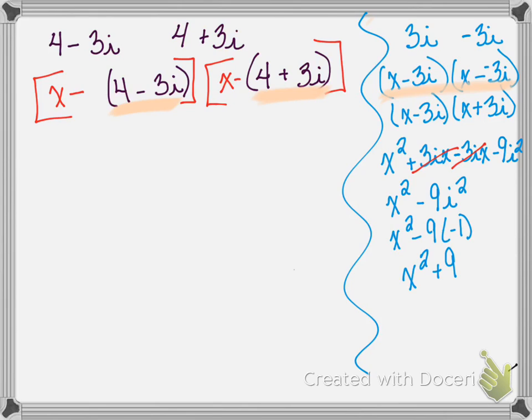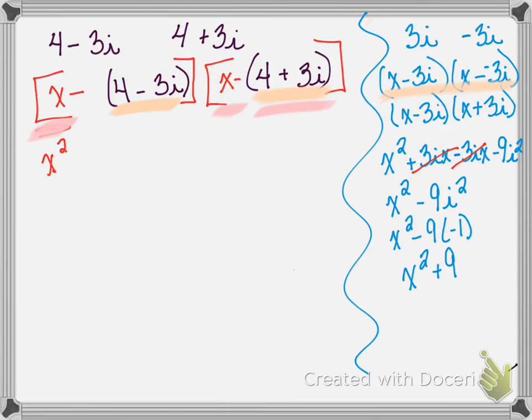So the first thing that I'm going to do is, and I'm using FOIL, I am going to multiply my x times my x. And when I multiply my x times my x, I get x squared. Okay? Now what I'm going to do is multiply my x times negative (4 plus 3i). I am thinking about this 4 plus 3i as a unit.